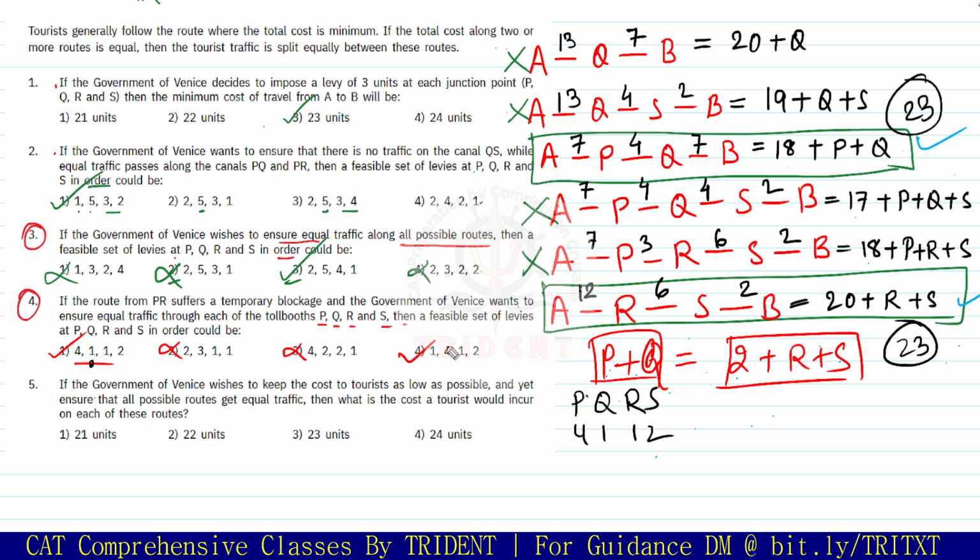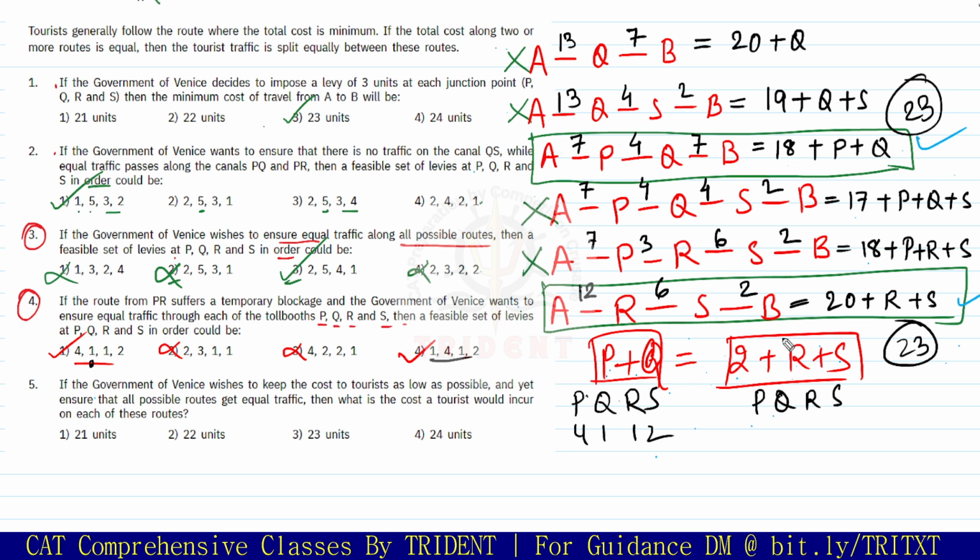And let's check for this one. So let's do this PQRS. So this is going to be 4, 18 plus 1, 19.